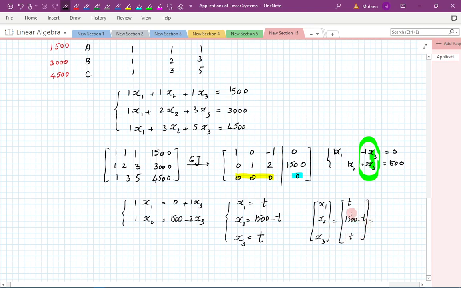And to separate the numbers and the free parameters from each other, we create different vectors, sort of separating oil and water. So these are all of my numbers, and these are all the t's. I factor out a t, and then I get 1 minus 1 and a 1.